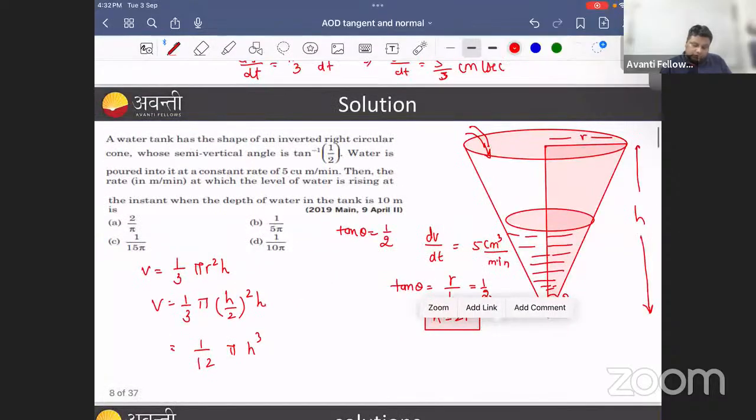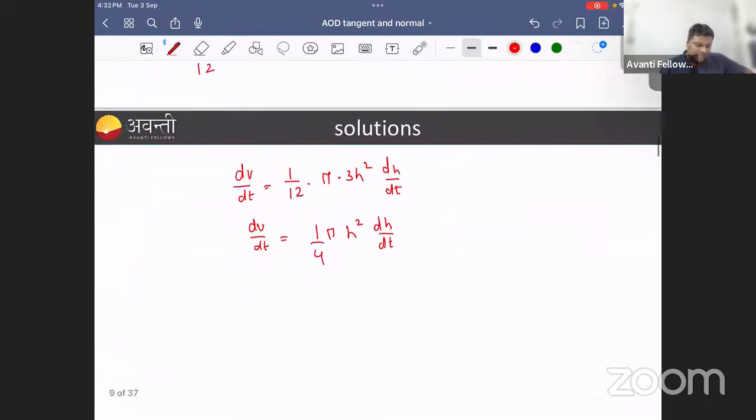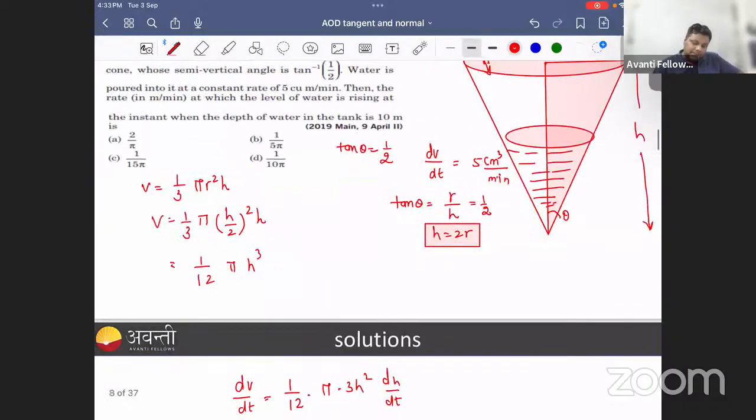That means dh by dt is 5 into 4 upon pi h square. Now they are saying then the rate at which the water is rising at the instant when the depth of the water in the tank is 10 meter.